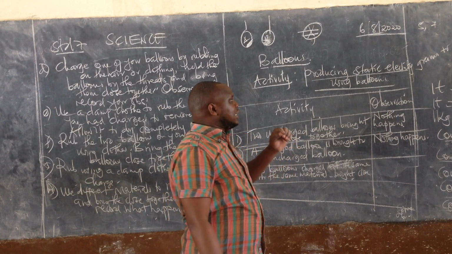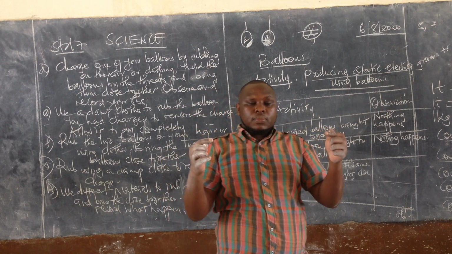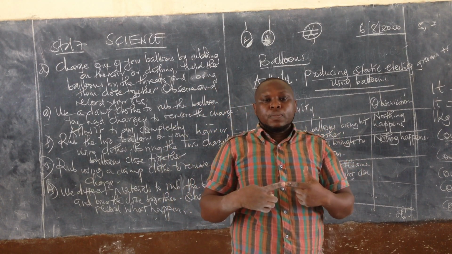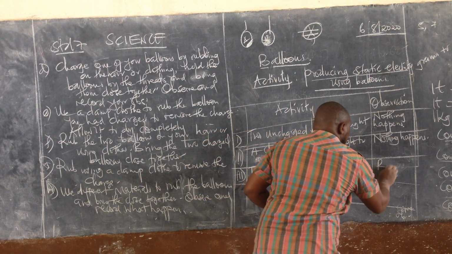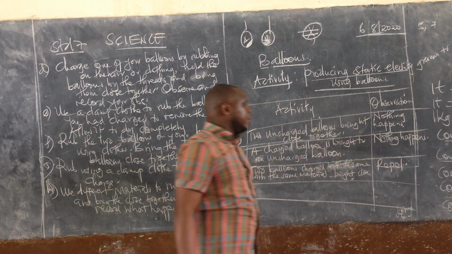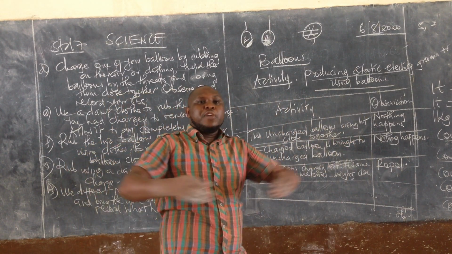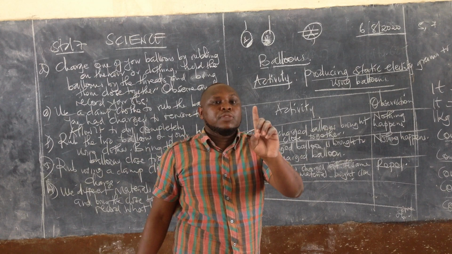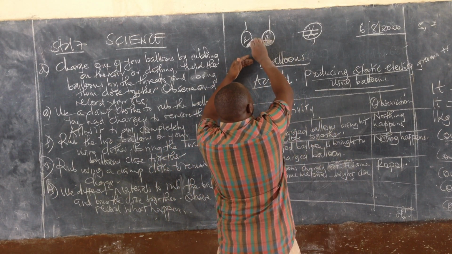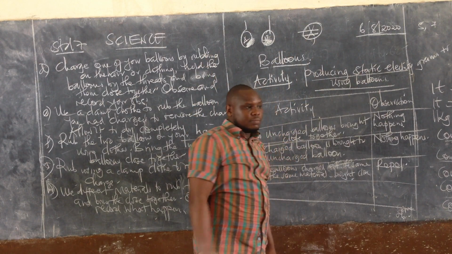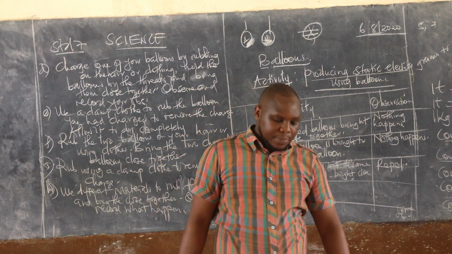Lana, you realize that charges of the same kind brought together, they repel. What is to repel? Move away from one another because they have the same charge. So if you bring them together because you have wrapped them using the same material, they are going to repel.